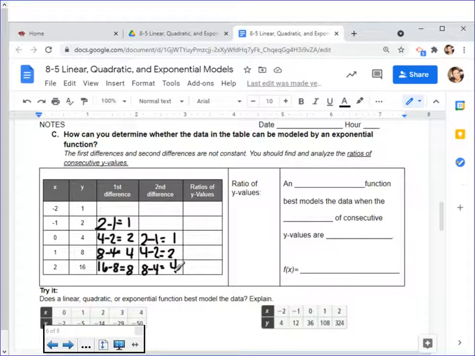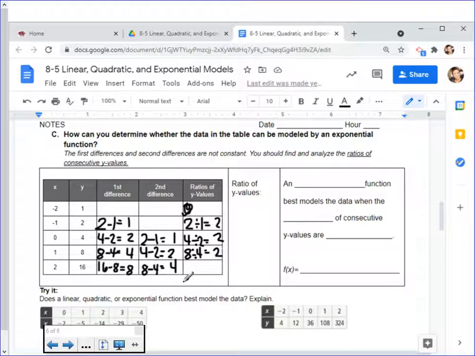So what we're going to do is take our y values, and now we're going to do a ratio. We're actually going to divide them. 2 divided by 1. What is 2 divided by 1? What's 4 divided by 2? 8 divided by 4. I'm looking at my y values, the very beginning things that we did.